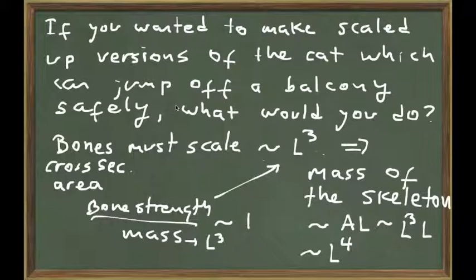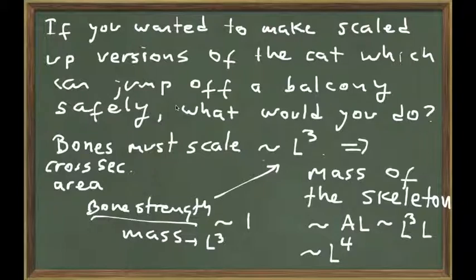If I were to keep the proportions of this cat the same, so that a small cat would look just like the big cat, then A will be L squared. And we know that that doesn't work because we get a weaker and weaker animal. So to keep the strength of the animal the same, you'll have to make the area grow faster than L squared. The least you should do is to make it grow as L to the third power.